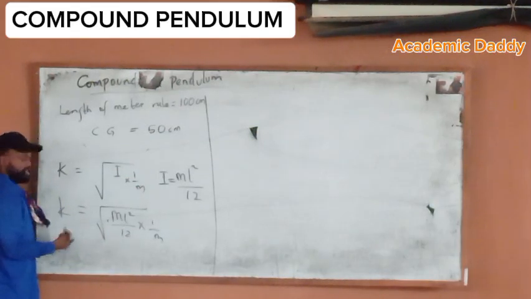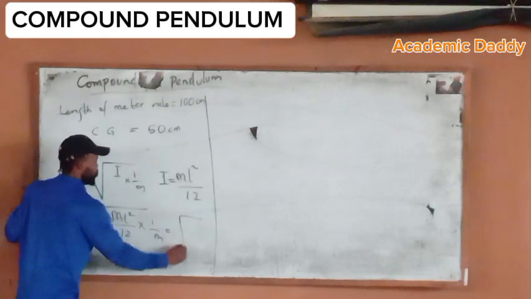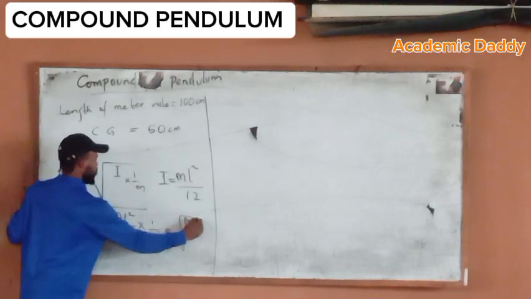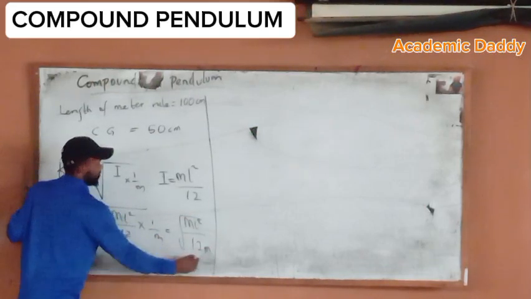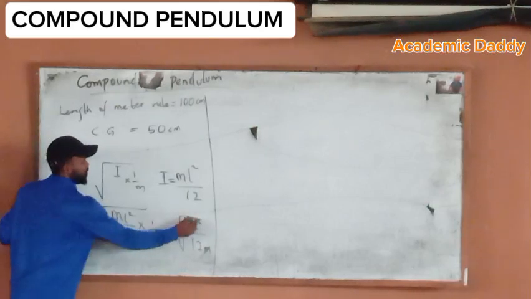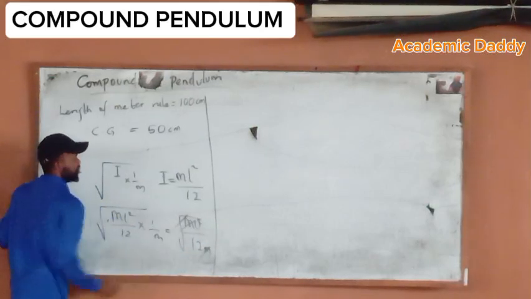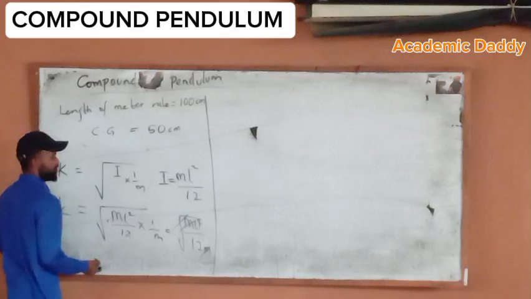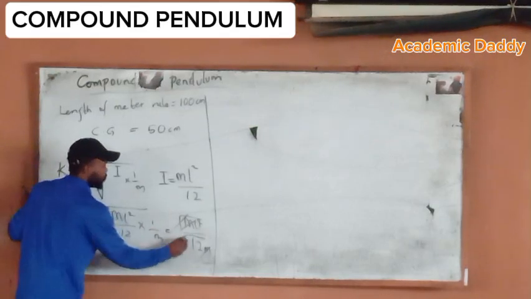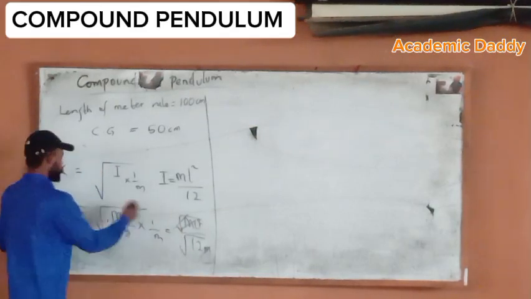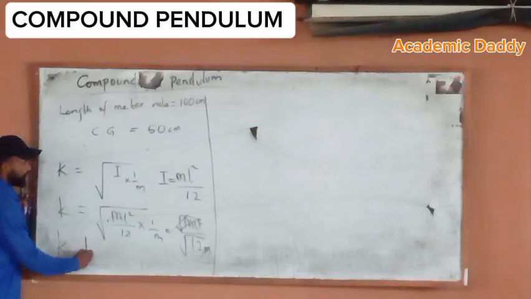Are you aware? So that this is the square root of ml squared over 12m. The m will take care of the m, then the square root will take care of the l squared. So K will simply give me L over root 12.